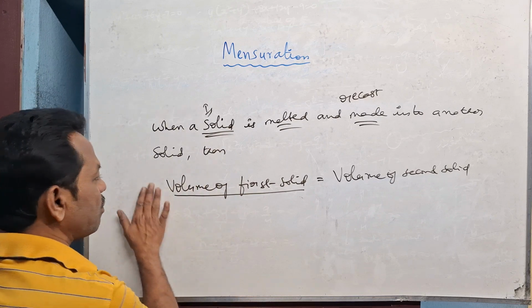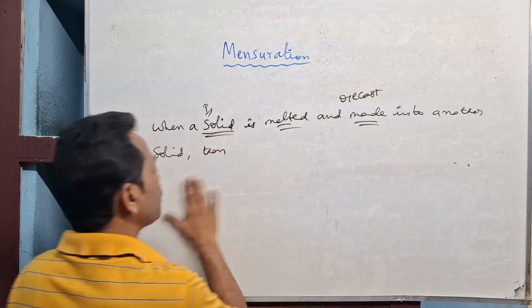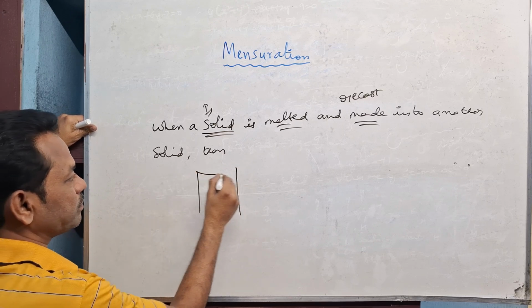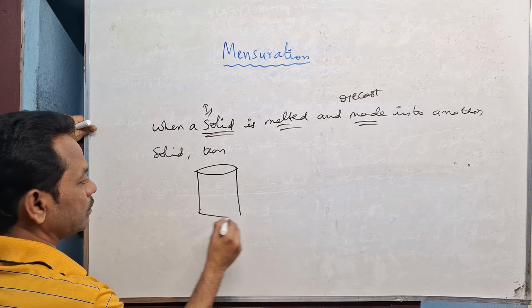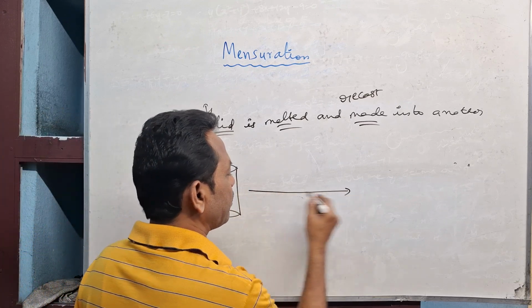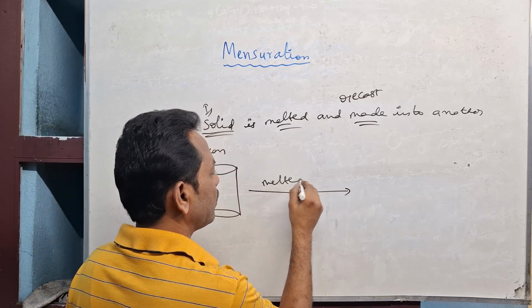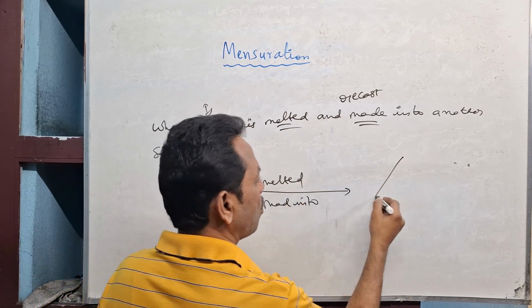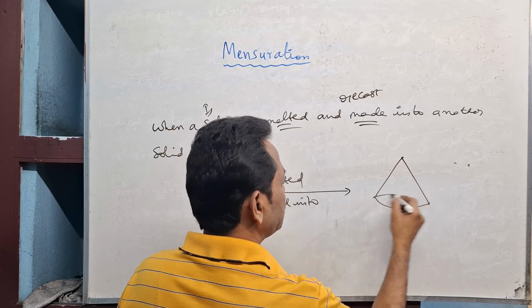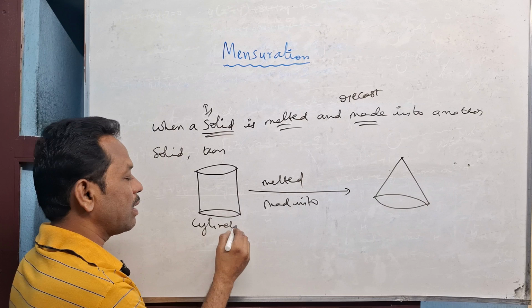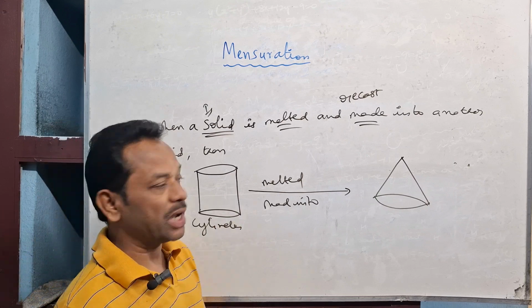So let us go for a simple example. Suppose I take a cylinder. Now this cylinder is melted and made into a cone. Assume that we have a cylinder and this is melted and made into a cone.